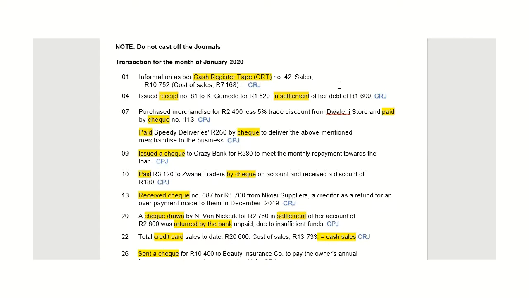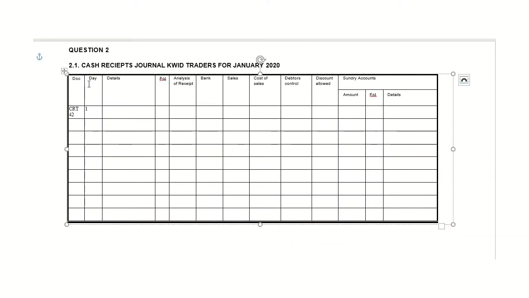So it's various different people. I do not know who they are, so I simply put in cash sales. Folio I cannot do yet. Folio is the number of the general ledger account. So if we've got general ledger accounts, we can put in the folio.